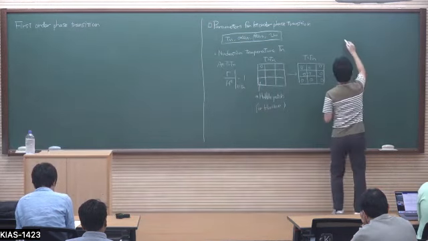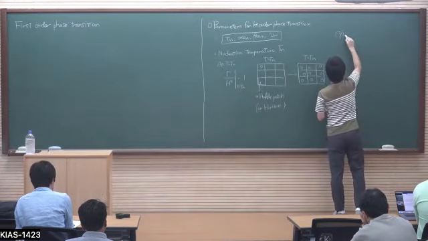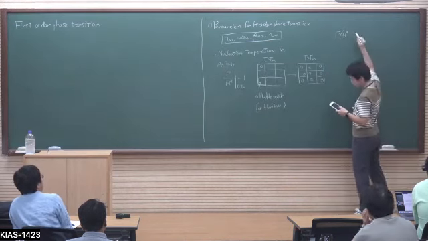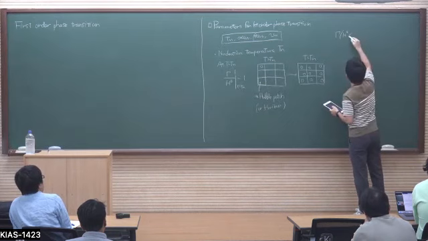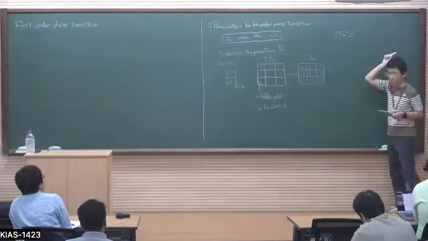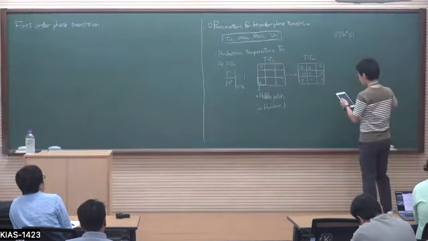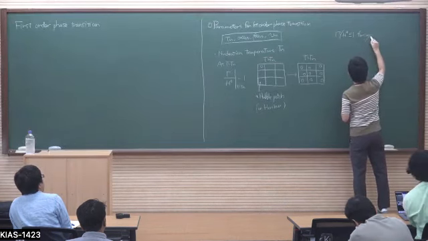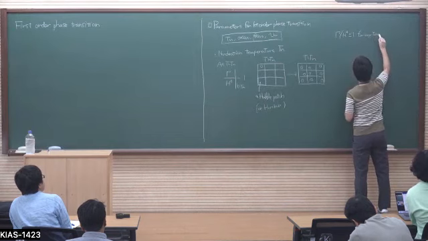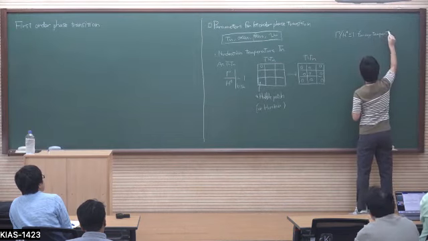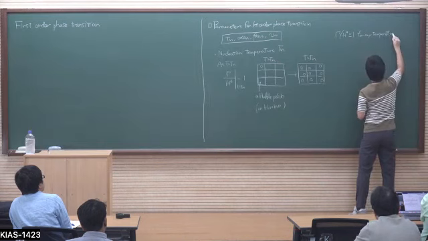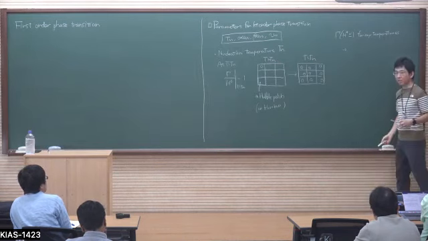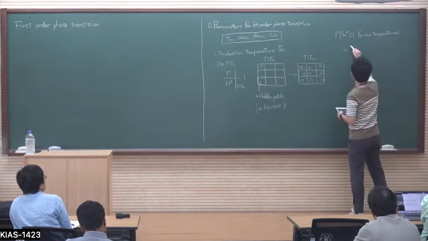So if gamma over H^4 is always smaller than unity for any temperature, it means that the phase transition cannot be completed.